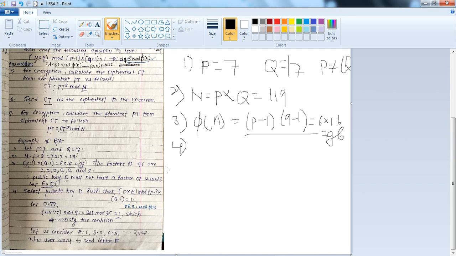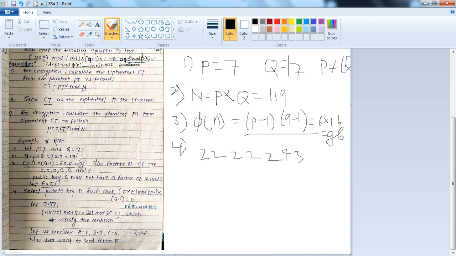Now step 4: select the E, which is not a factor of phi of n, the factors of 96. The factors of 96 are 2, 2, 2, 2, 2 and 3.